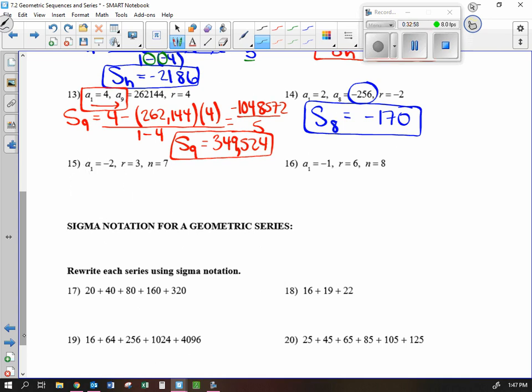Keep in mind, n is 7, so we're finding the sum up to that 7th term in the series.